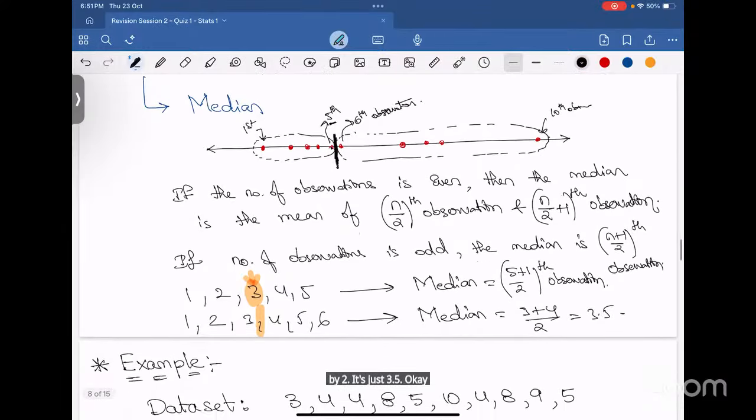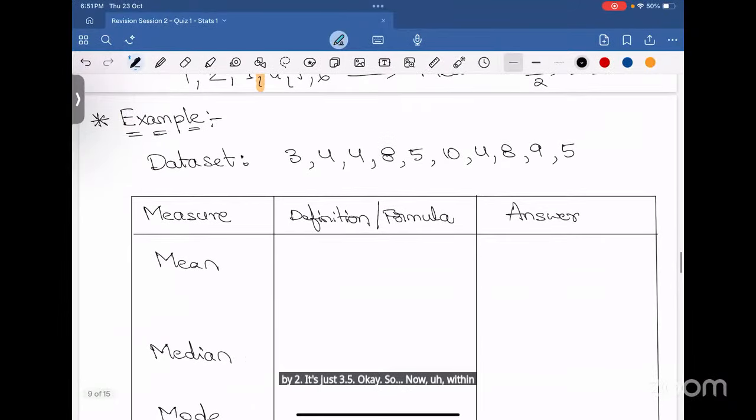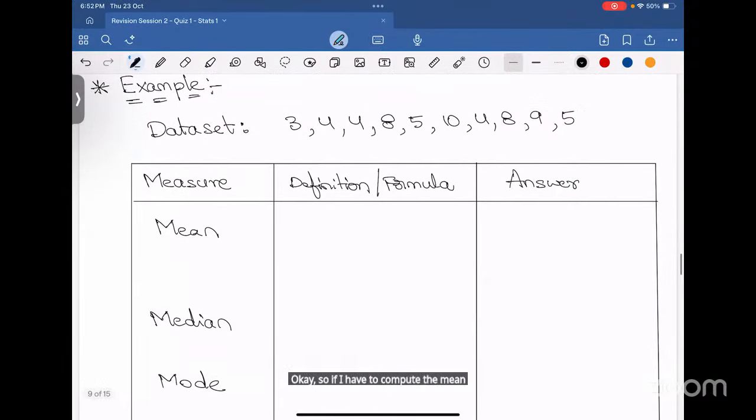Okay. So now within the next 10 minutes, I will wrap all this, mean, median, mode, everything, with a nice data set. Let's take a data set with 10 observations: 3, 4, 4, 8, 5, 10, 4, 8, 9, and 5. If I have to compute the mean of this data set, as we discussed, the formula is simple.